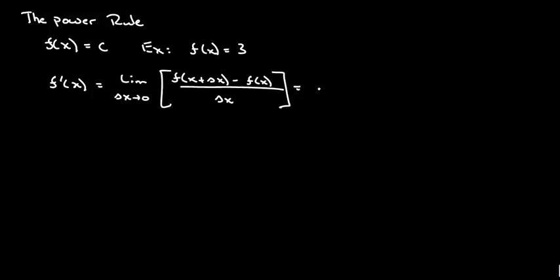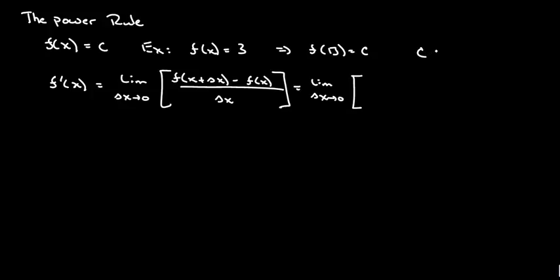And so this is going to be the limit as delta x goes to 0 of, now no matter what you plug in here, you always get c out, because f of something is equal to the number c, where c is a real number.